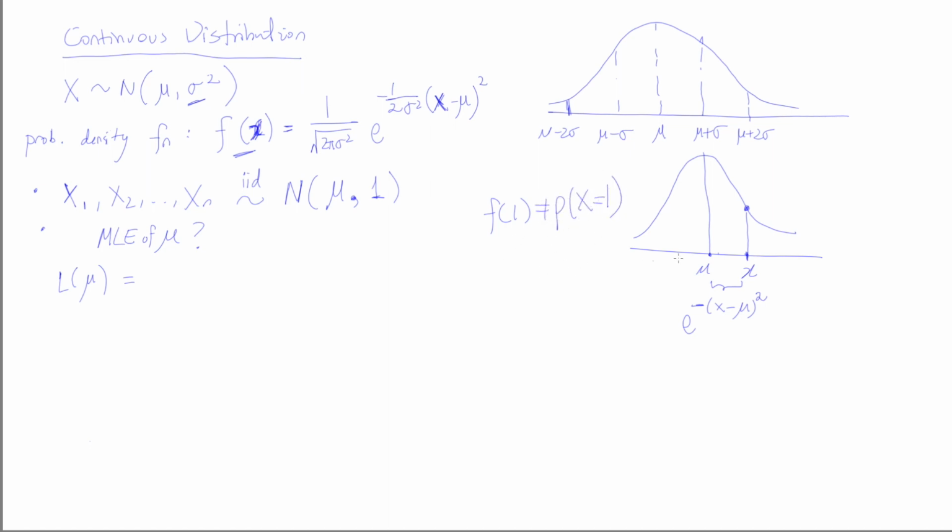Because this is a continuous distribution, so the probability that x equals little x is equal to 0 for all x. Continuous distributions always have this property. The density at a point is kind of like just basically this value here.